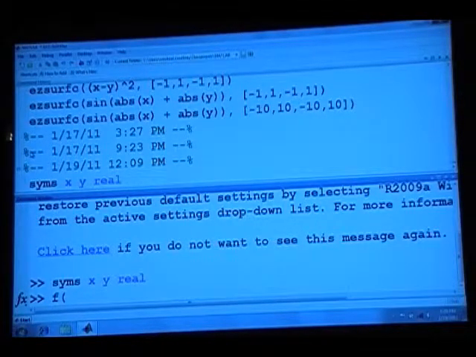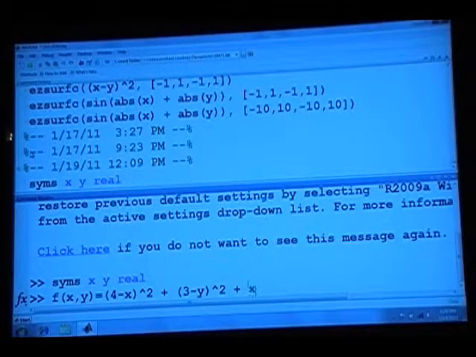And now we can define our function of x and y that we're going to optimize as equal to (4 minus x) squared plus (3 minus y) squared, and then plus x squared plus y squared.